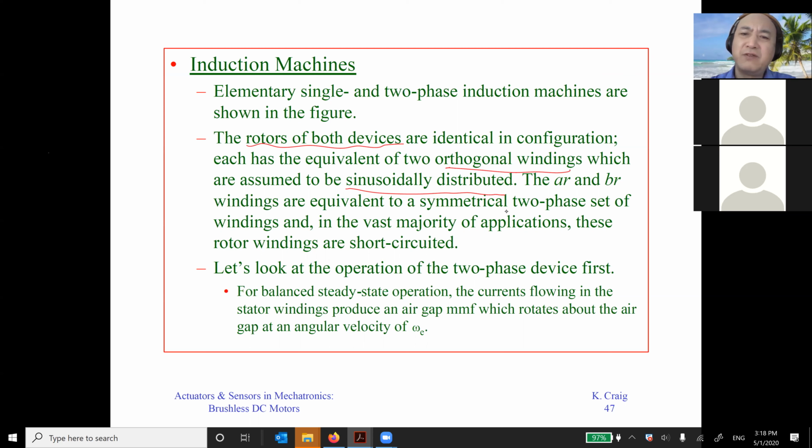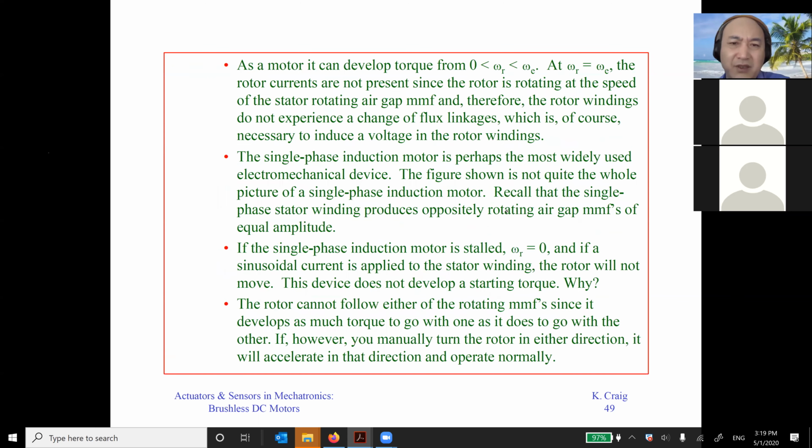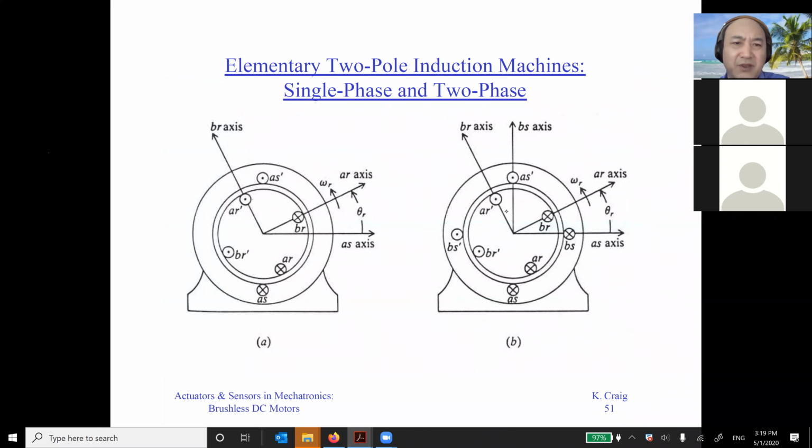You have an equivalent of the windings orthogonally aligned. The operation, let's go to a picture here. It's quite the same as a synchronous machine.